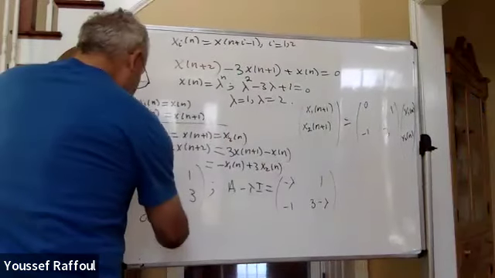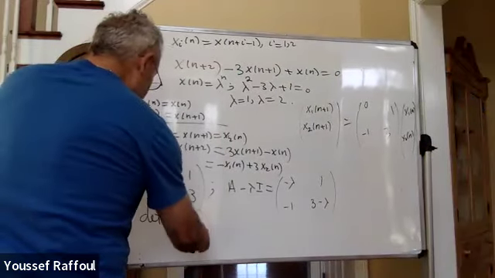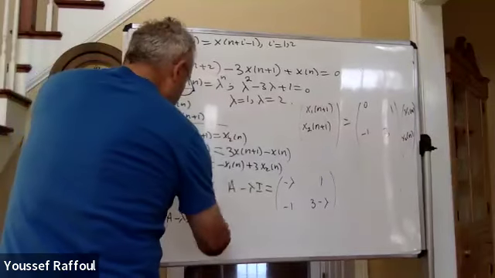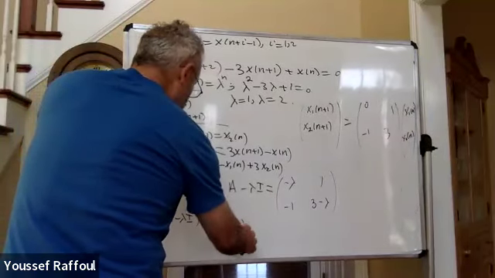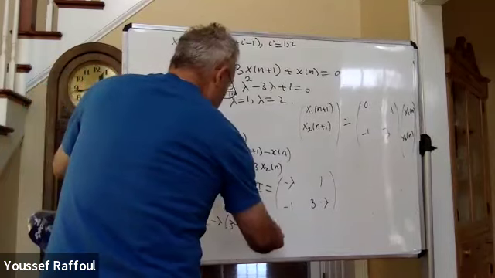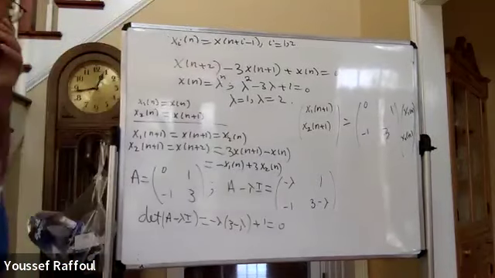And the determinant of A minus lambda I is minus lambda times 3 minus lambda plus 1 equals 0.